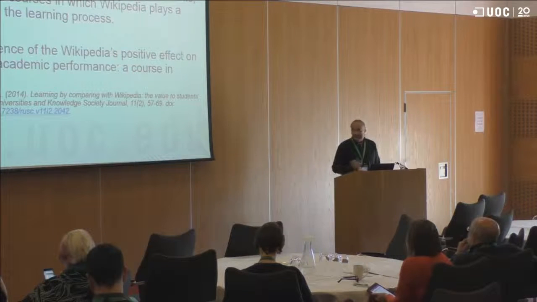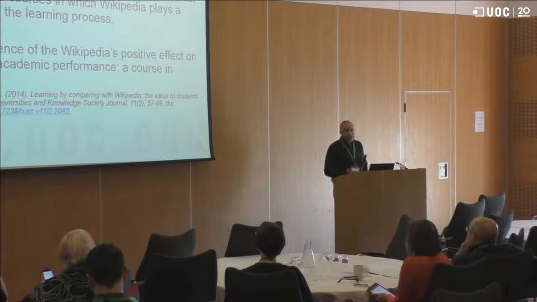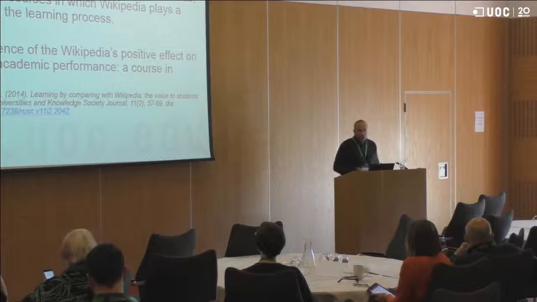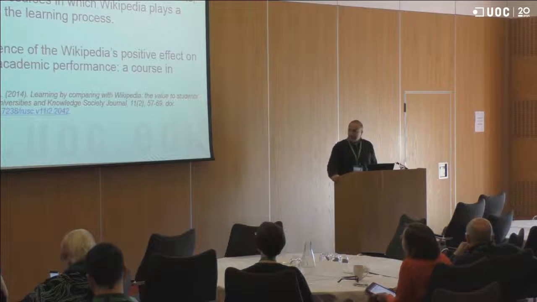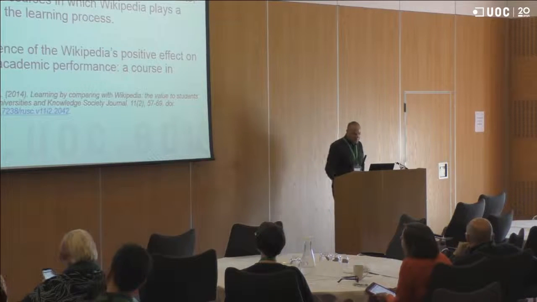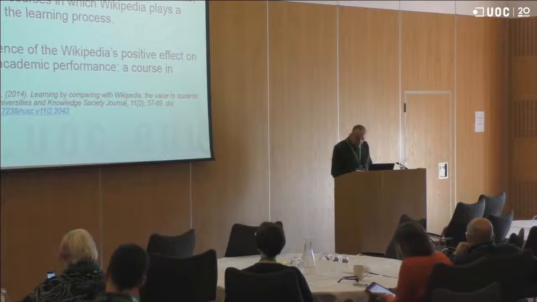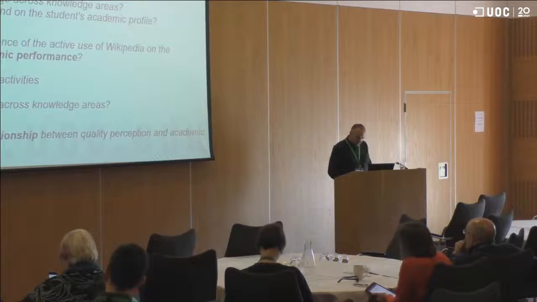Furthermore, we have few evidences of the influence of the use of Wikipedia on the academic performance of the students. So in this research work, we will try to answer this question.